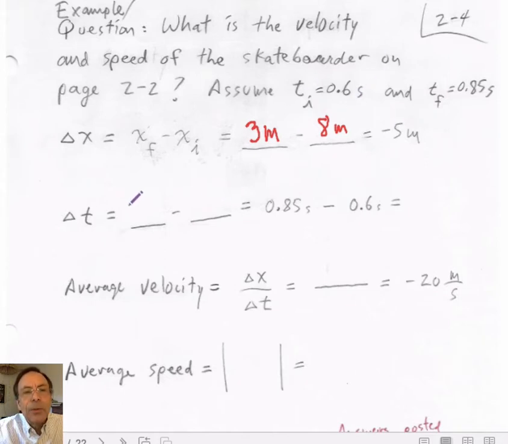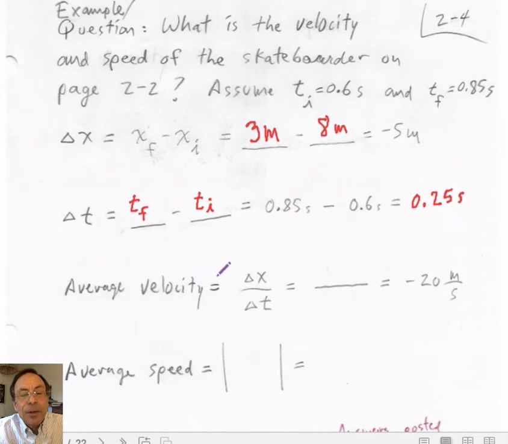Put in the symbols here, t final and t initial. And then here are the times, the final time, the initial time. And 0.85 minus 0.6, you have to do a little math, turns out to be 0.25 seconds. A quarter of a second.